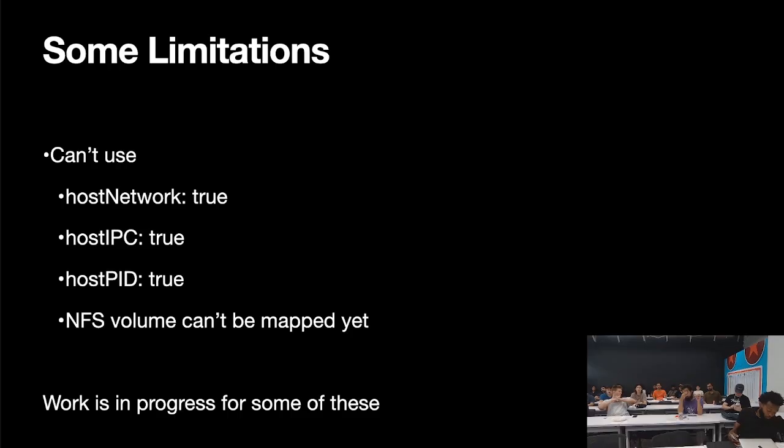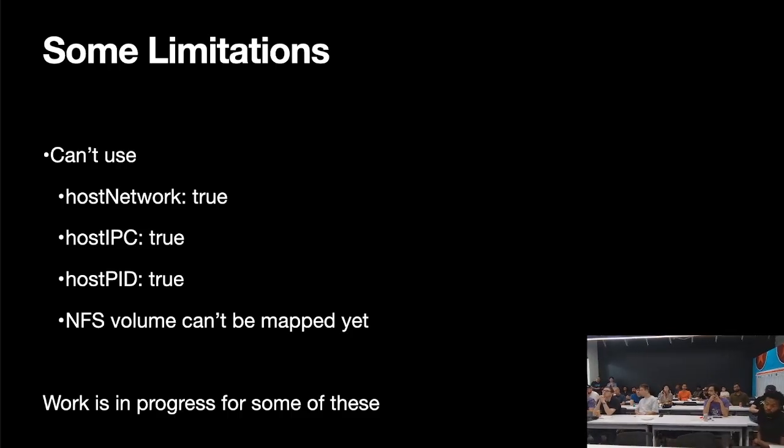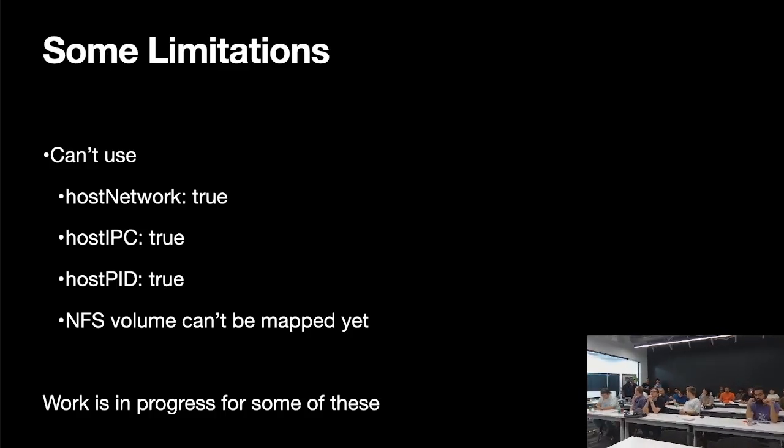Do you know why NFS volumes can't be mapped because of the host user namespace?